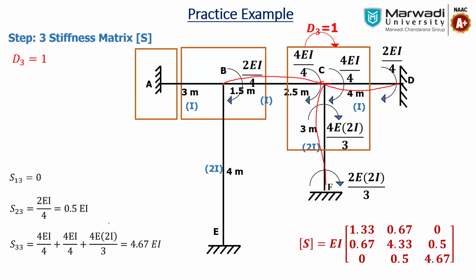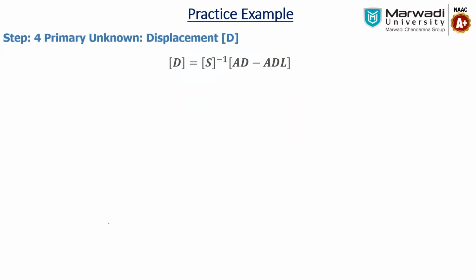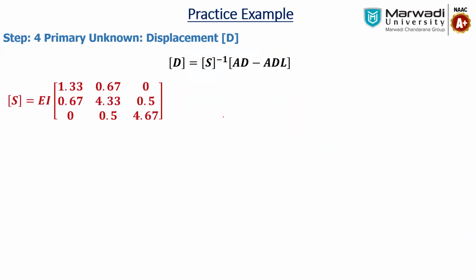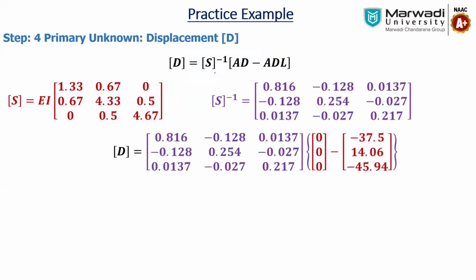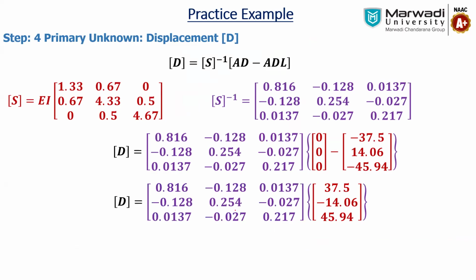Now we already have AD and ADL. So this is our equation for the primary unknowns: D equal to S inverse times AD minus ADL. This is S. Based on the stiffness matrix, we can find its S inverse and put it over here. As AD is 0, we just have to change the sign of the bracket AD minus ADL, and multiply the two matrices, 3 by 3 into 3 by 1.